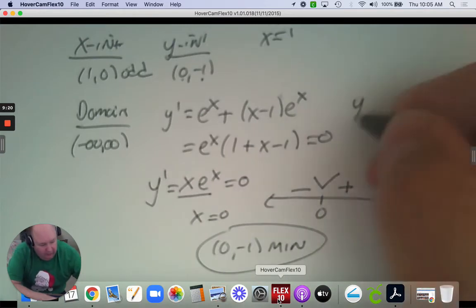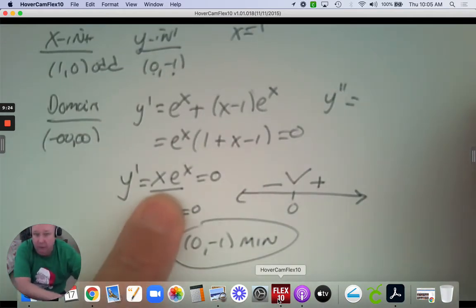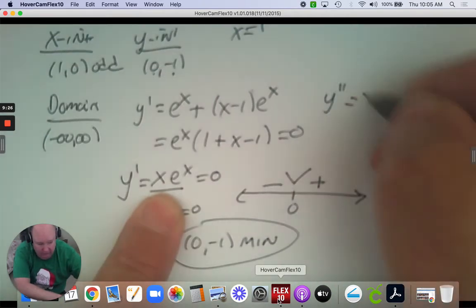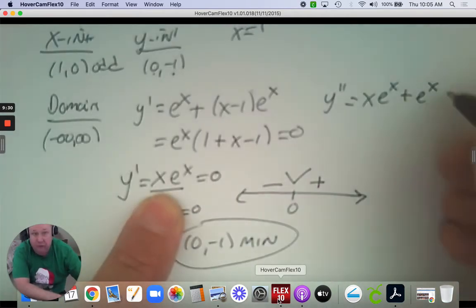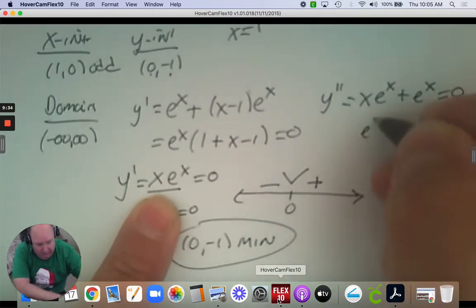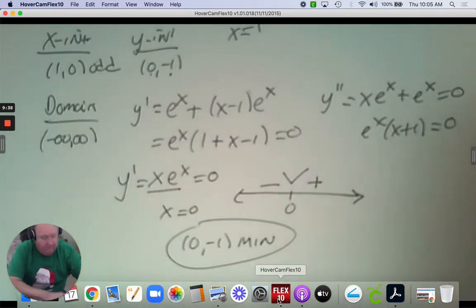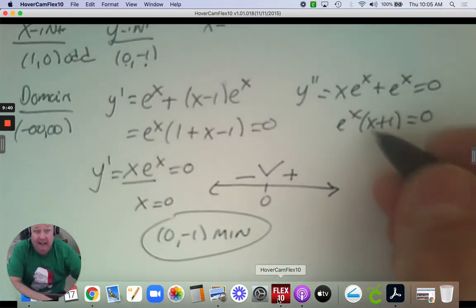Let's continue over here. The second derivative will go from here. Again, the product rule: first times the derivative of the second plus the second times the derivative of the first. And again, make it equal to 0. Factor out an e to the x. And then solve this.